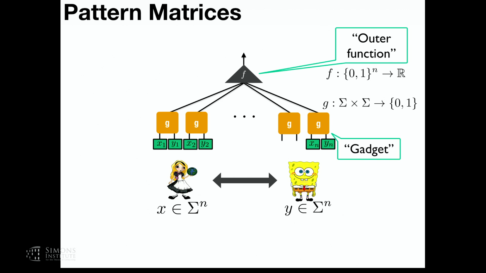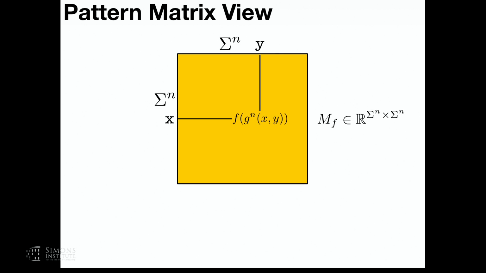So we'll call this function f the outer function. This function g is called the gadget. Okay? You should think of the gadget as being something small, and the outer function as something more complicated. Okay? And this gives me my function MF, which is f composed with g to the n. Pictorially, we have the matrix which looks like this.